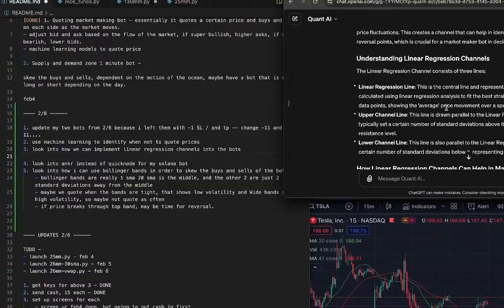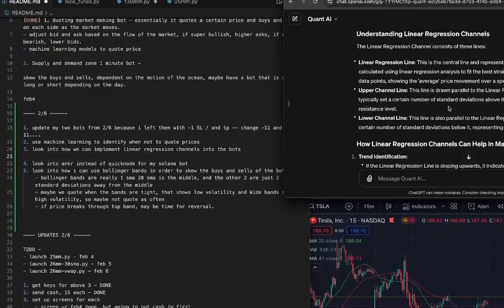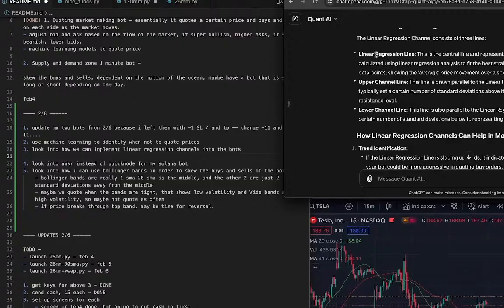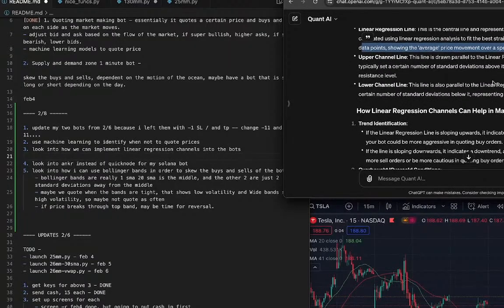Understanding linear regression channels. The linear regression channel consists of 3 lines. Linear regression line, this is the central line and represents the trend of the market. It's calculated using the linear regression analysis to fit the best straight line through the price data points, showing the average price over a specific period of time.